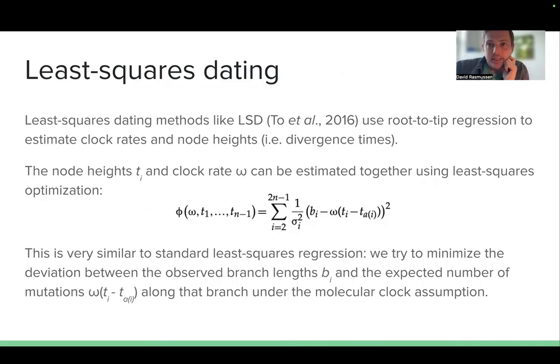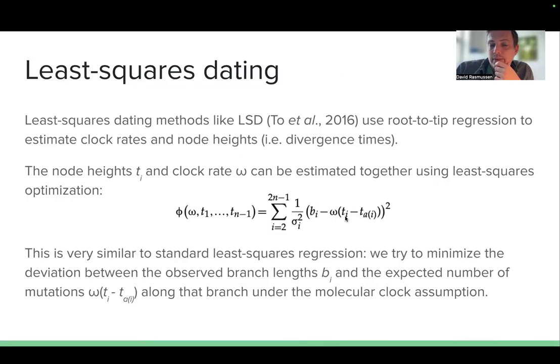And the way that it tries to find the best fitting node heights and clock rates is it treats it as a least squares regression problem, where we can consider the deviation between the observed branch lengths, in units of the number of mutations or substitutions that occur along each branch, compared to how many mutations we would expect given our estimate of the clock rate, omega, and the time separating parents and children in the tree.